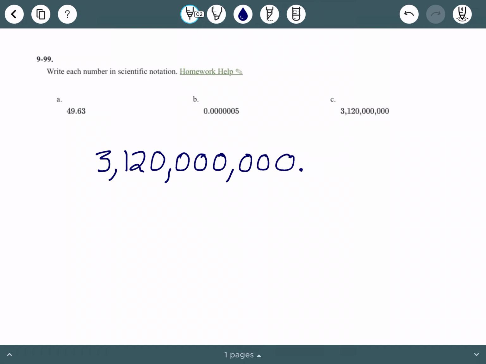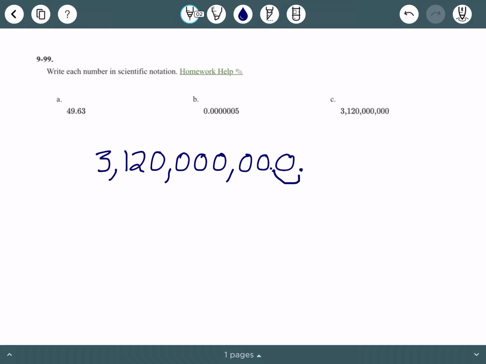So after my last zero is where it's going to be. So that's where I'll put my decimal. Remember, we've got to move it in some direction to make this leading digit greater than or equal to 1 but less than 10. I need to go to the left. If I go to the right, it's just going to make it a larger number.